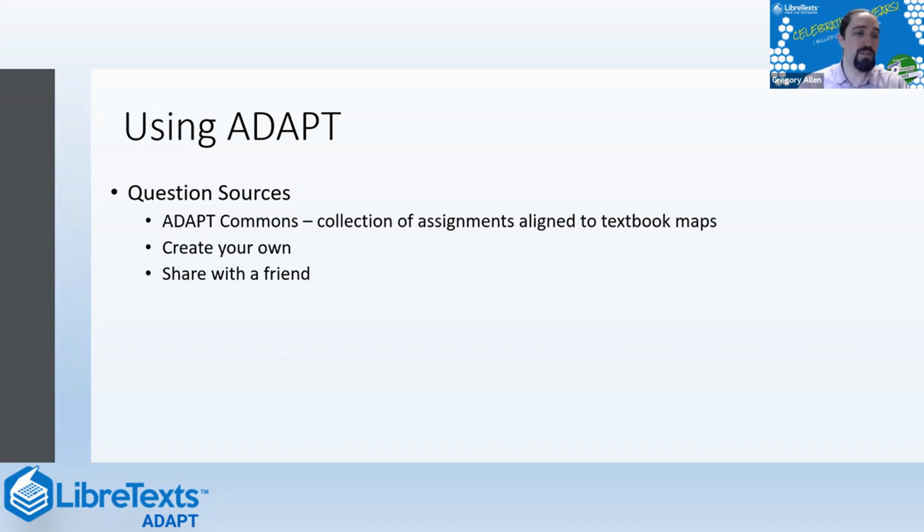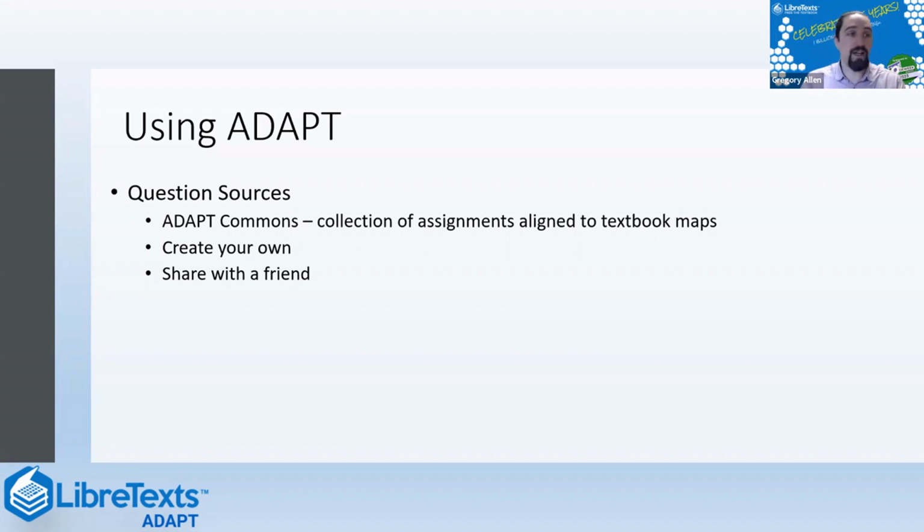And then, of course, there are options to create your own. As we're developing ADAPT and creating more options for instructors, you can write your own text-based problems. That's where I started, with a lot of the explain or free response questions. But now we can start thinking about writing code to create auto-graded questions.